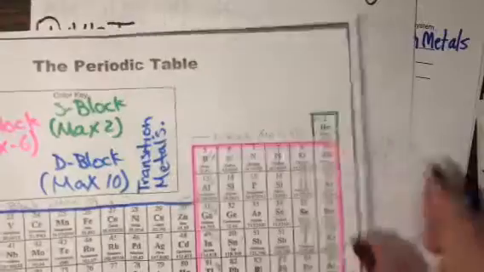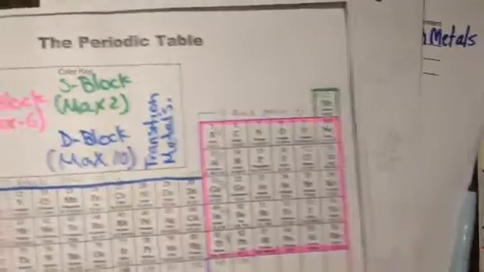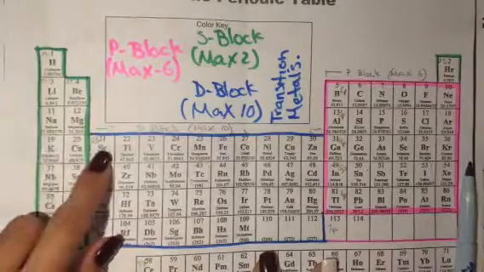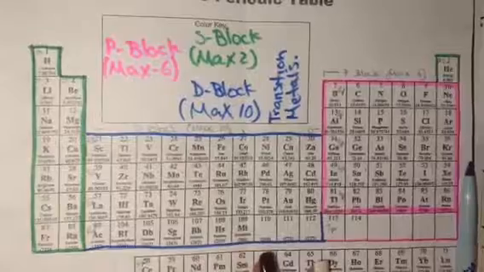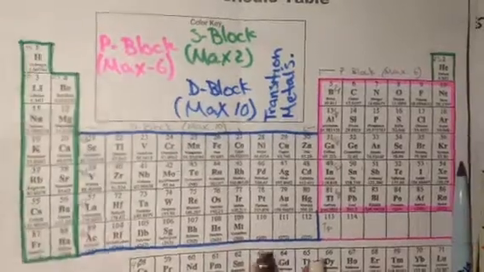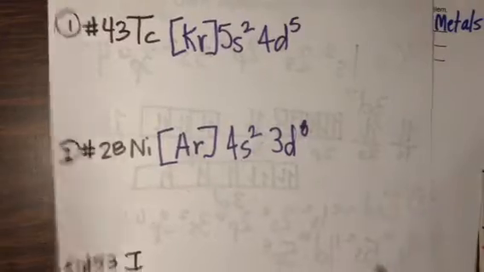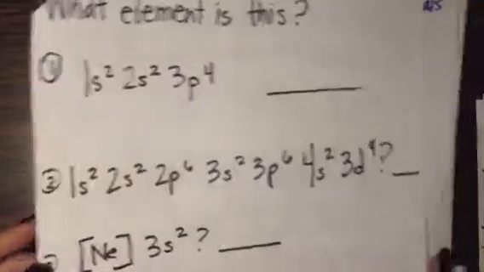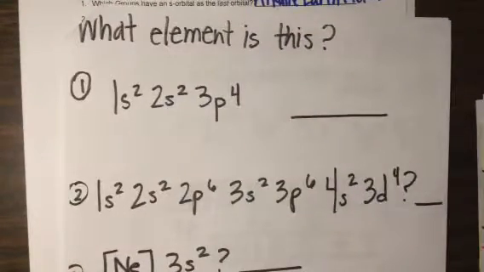Start at argon and count 10 after. Argon's here, and 10 later is 1, 2, 3, 4, 5, 6, 7, 8, 9, 10. It takes you to the right one. However many exponents there are, that's the element you're going to. I just wanted to practice 2 of these with you, and then we will go through the periodic quiz for your exam.